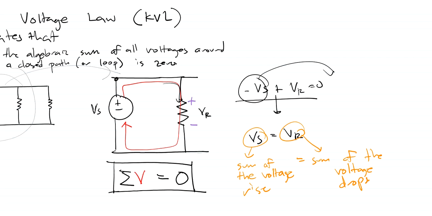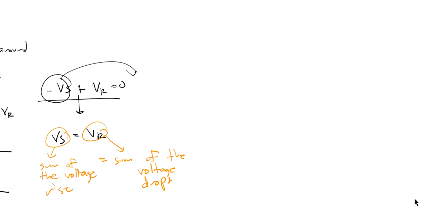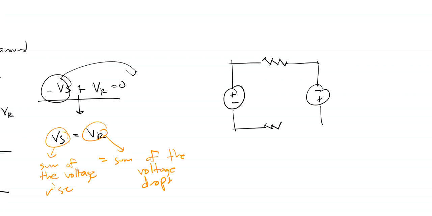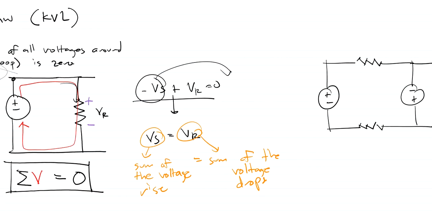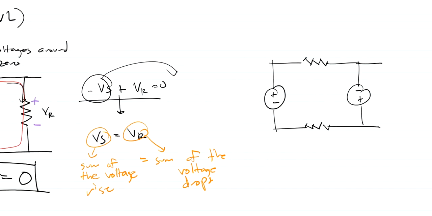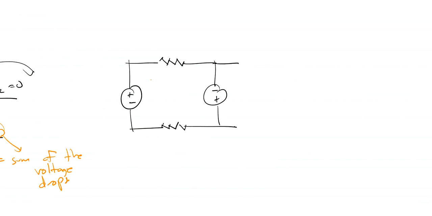Right, so this will become appreciated if, let's say, we have this source and we have this element right here, and then we have another voltage source and we have another element right here. So let's say here's our loop.